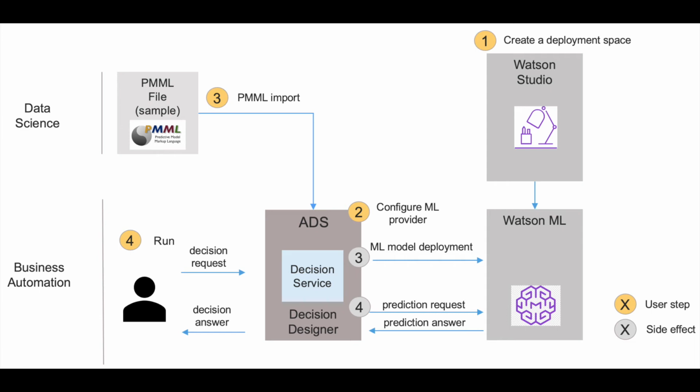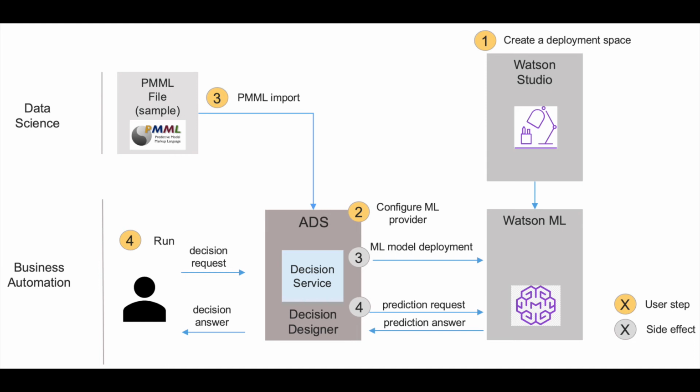Today we're going to start in Watson Studio. Actually, we're going to create a deployment space that is a repository where we can store and later on invoke machine learning models. Once this deployment space is created, we're going to configure Watson Machine Learning pointing at this space in ADS as an ML provider. Then we're going to take our PMML import file and upload it through ADS into Watson Machine Learning.